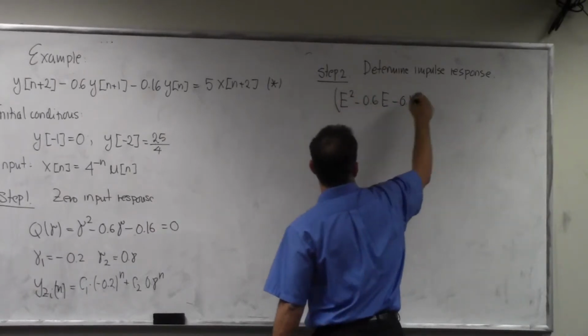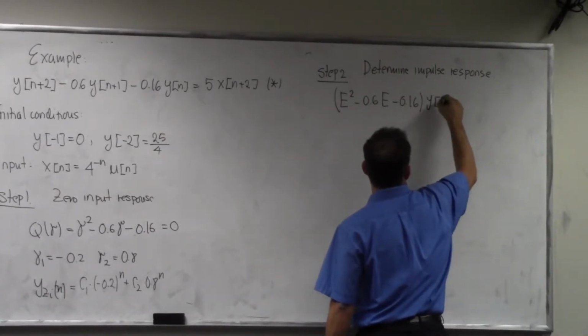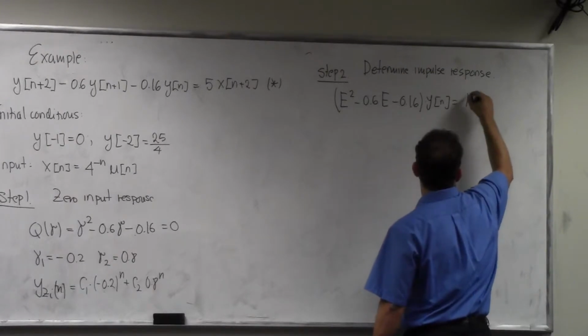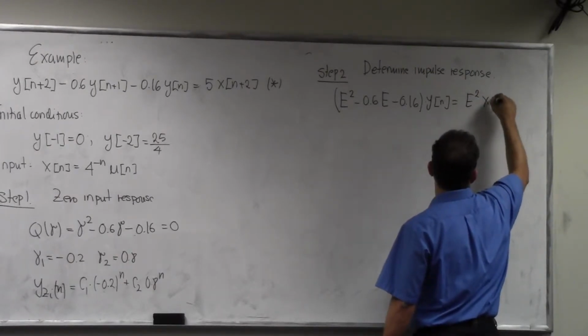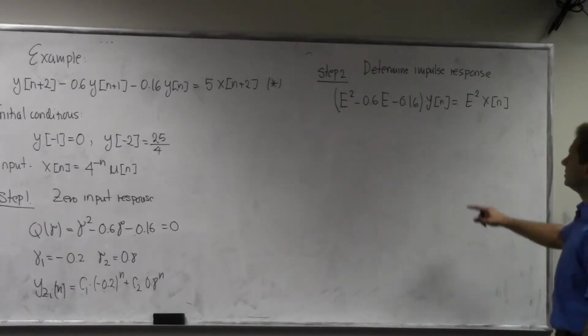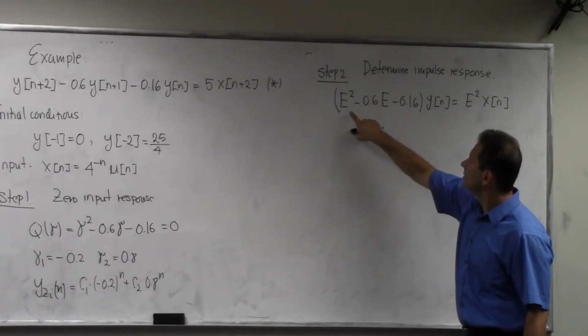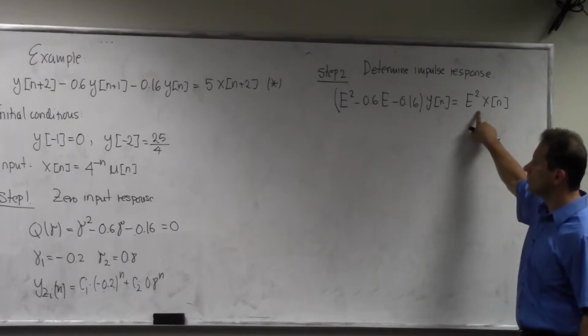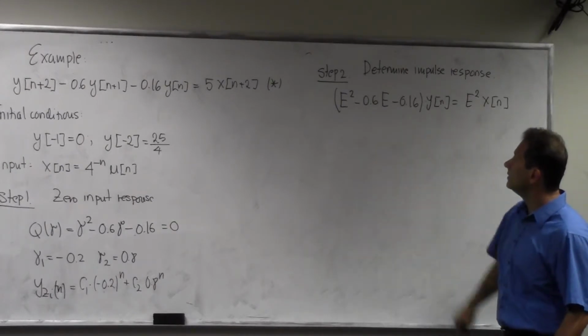This is operator form. Y of n is equal to E squared x of n. The reason why I suggest you rewrite it here is because you want to understand what is the order of the polynomial here, what is the order of the polynomial here, and identify coefficients.